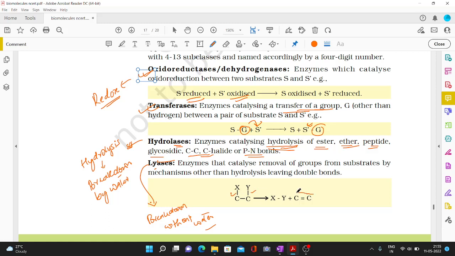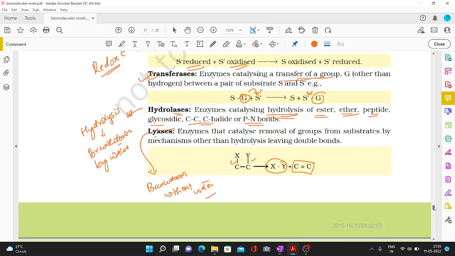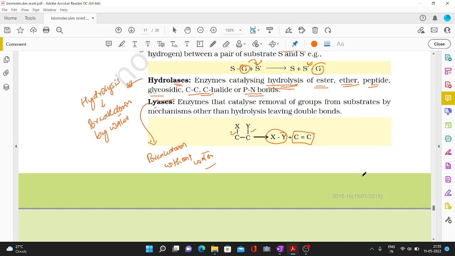There's a C double bond C formed, and XY forms a separate bond altogether. So lyases and hydrolases both mean breaking down, but lyases are enzymes which help in the breakdown without the help of water. Hydrolases are enzymes which help in the breakdown of organic covalent bonds with the help of water.